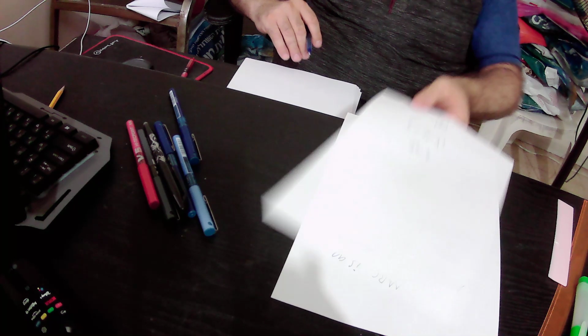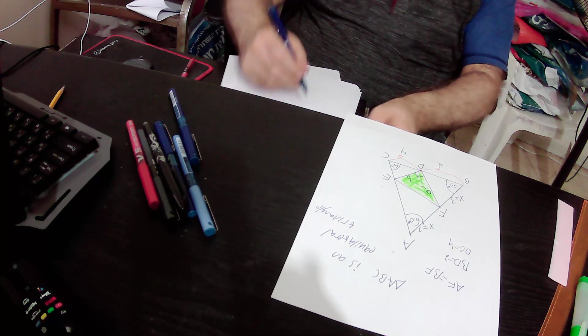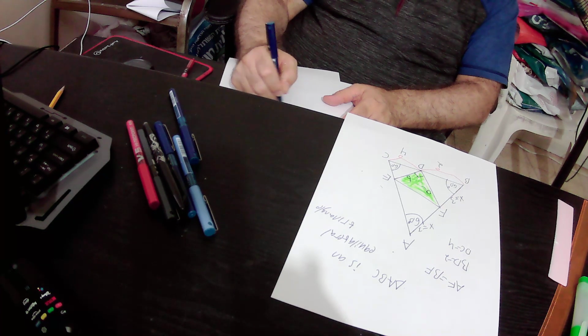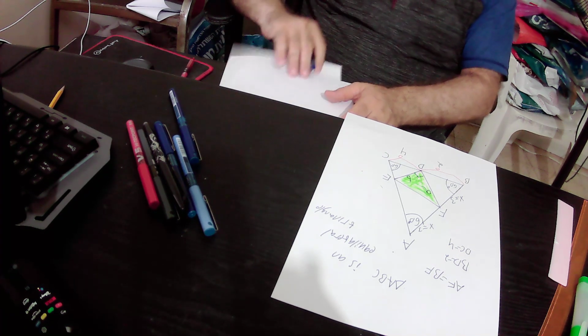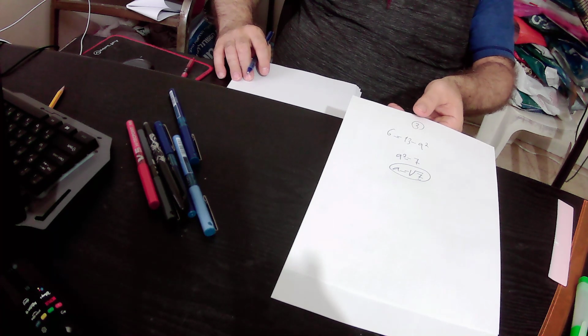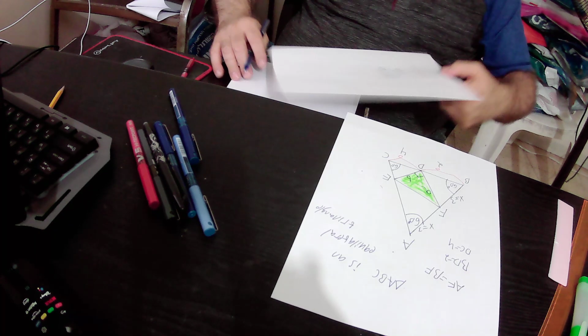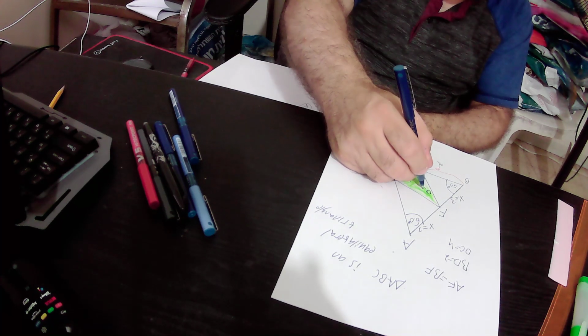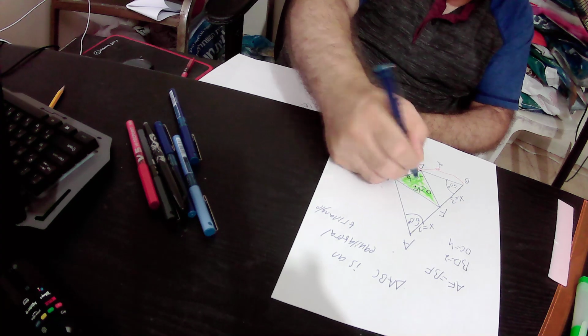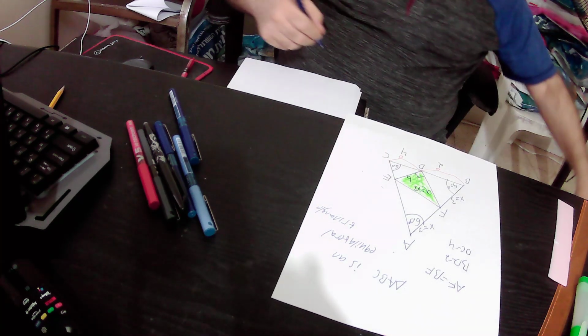We will get that the value of A is root of 7. Okay, so we actually got that the value of A is the root of 7, so we can write here that A equals the root of 7 units.